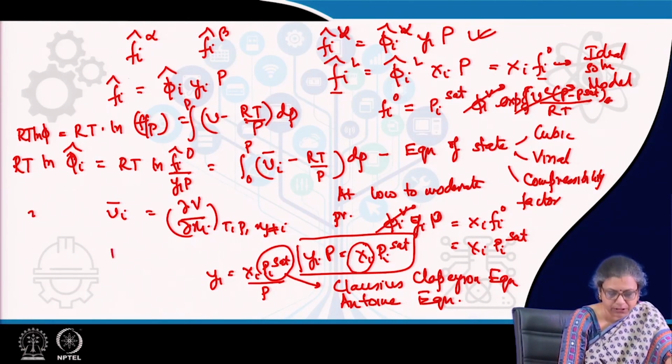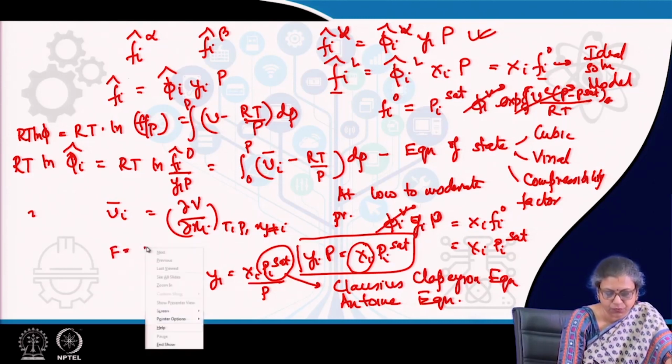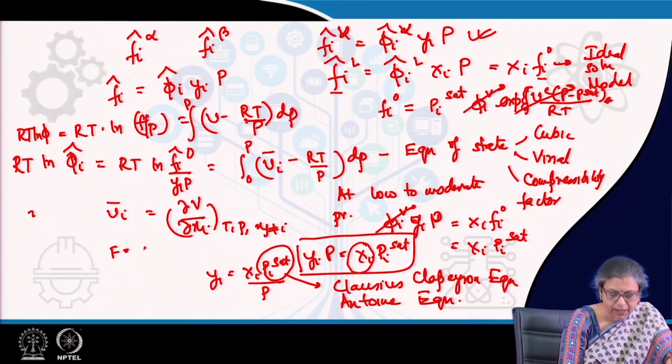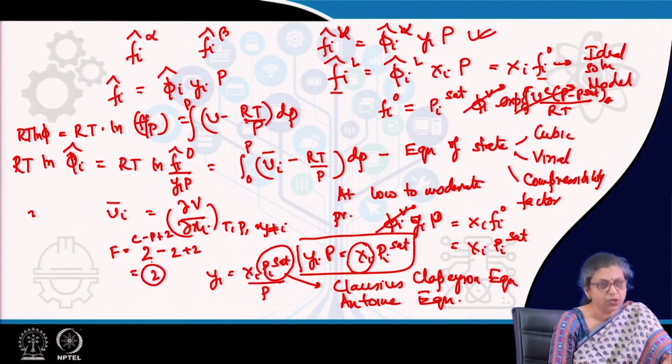Even for a binary mixture, the total degrees of freedom equals 2C minus P plus 2, which gives 2 minus 2 plus 2, which is equal to 2. So if we know 2 intensive properties, the other properties can be found out.